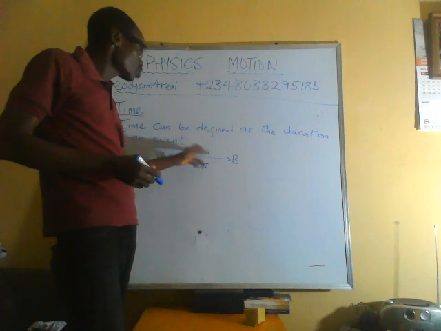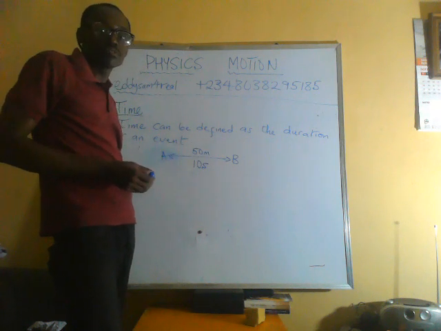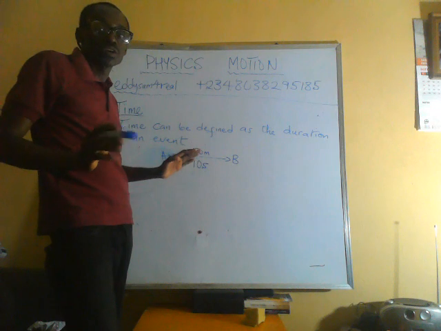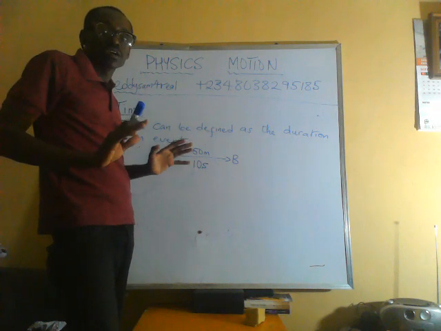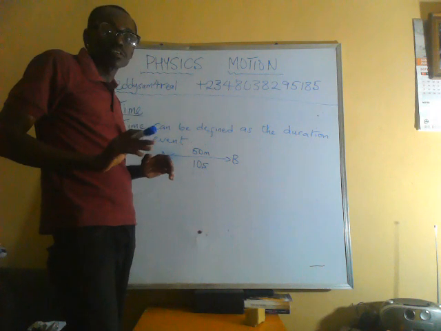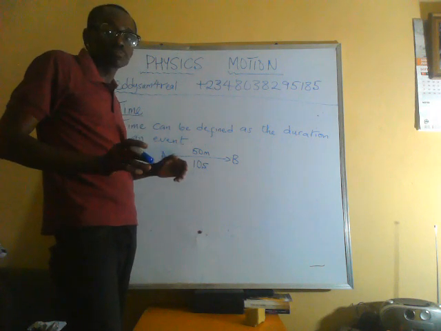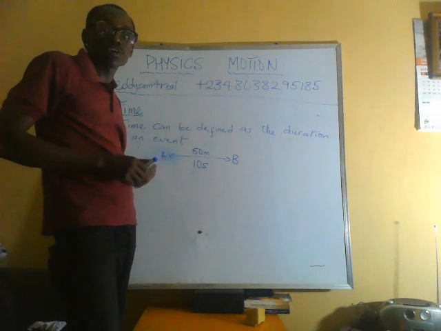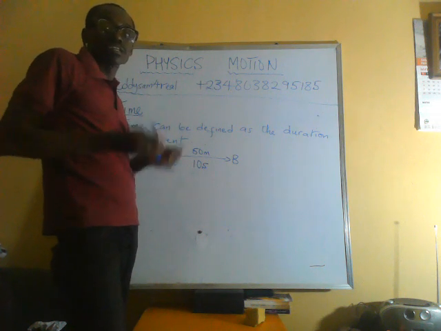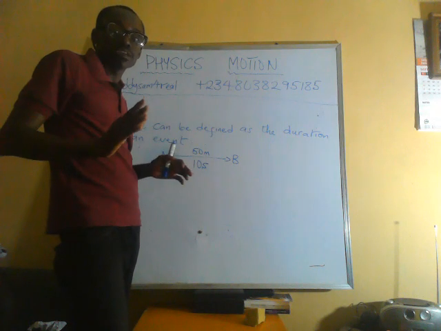The distance from A to B is 50 meters. So that is the time taken for me to run from A to B. Whenever an event occurs, it must have a time.